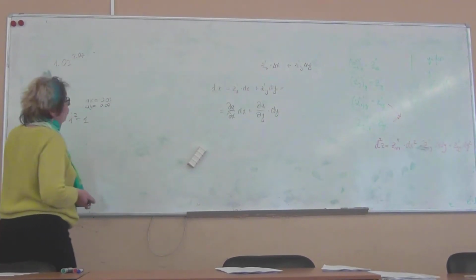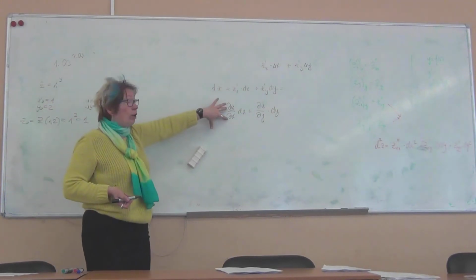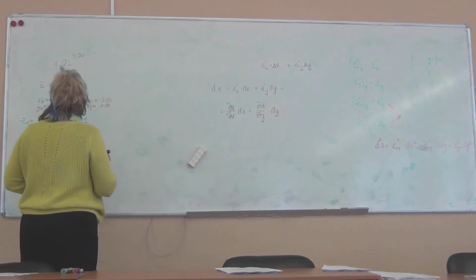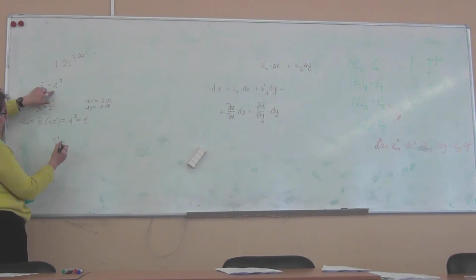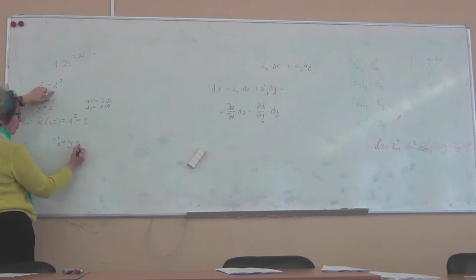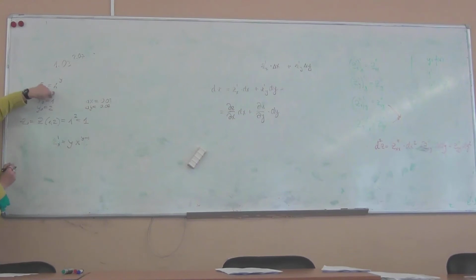So this means, first of all, I need to find the partial derivative. So z derivative by x. Z derivative by x is y times x to the power y minus 1. We all know that. Should know that. Z derivative by y.